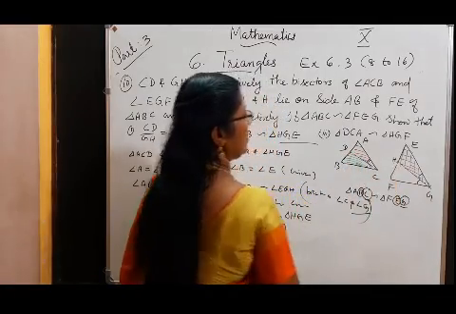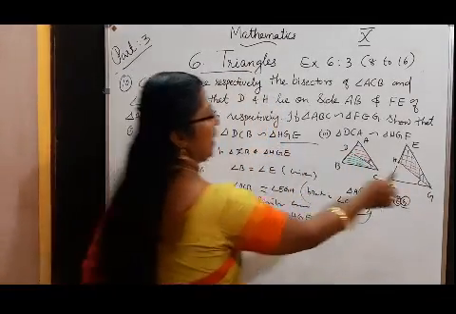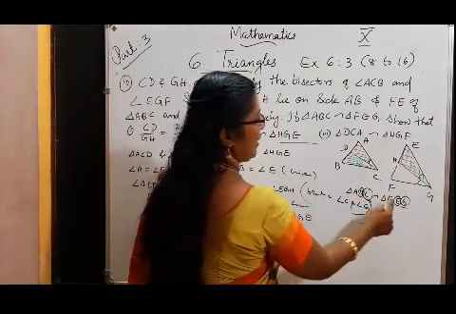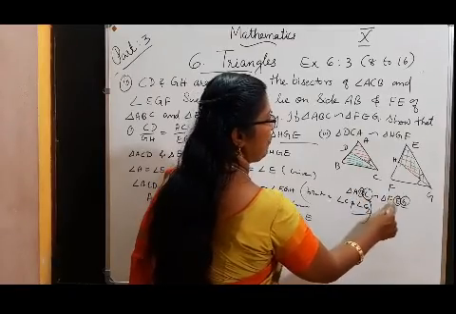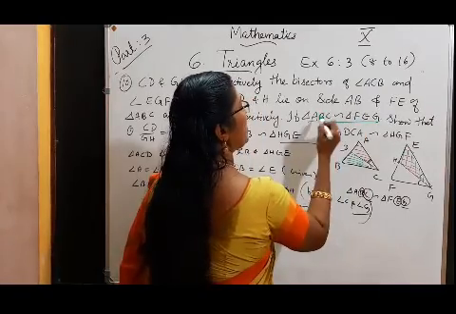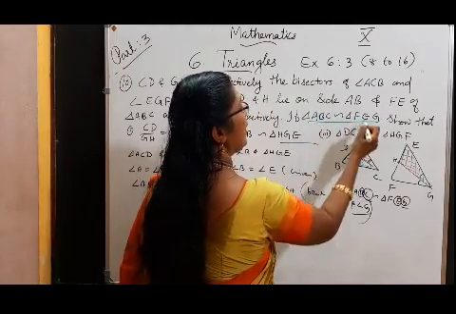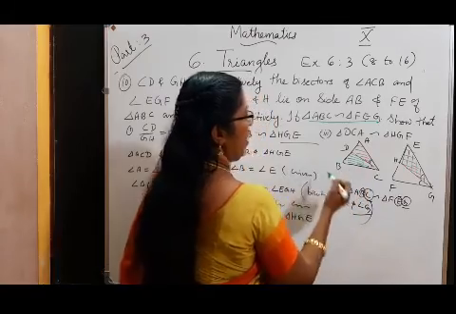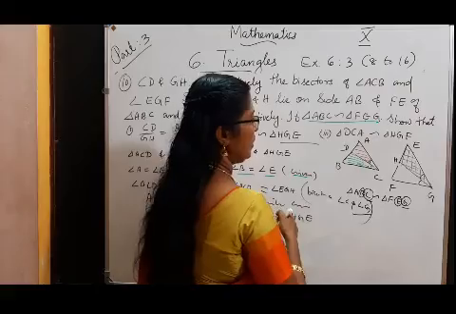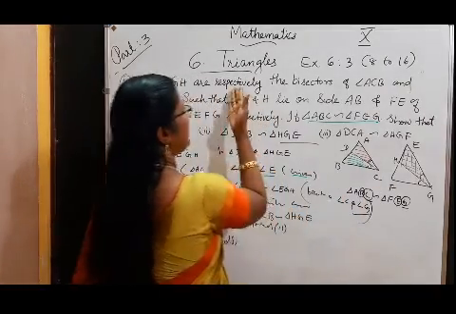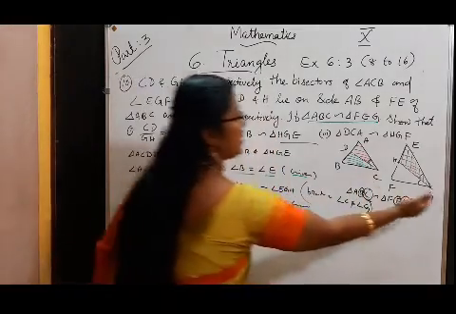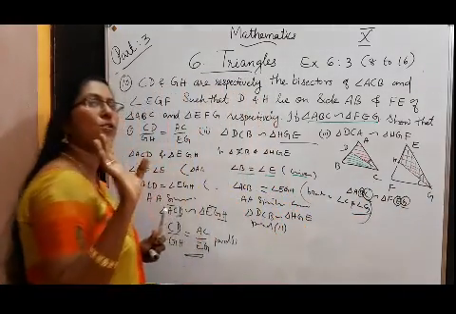Okay. Here I repeat, DCB and HGE. Here B and E are equal, that is given in ABC and FEG. B and E are equal. Then the bisectors of C and G are equal, therefore their bisectors are also equal.